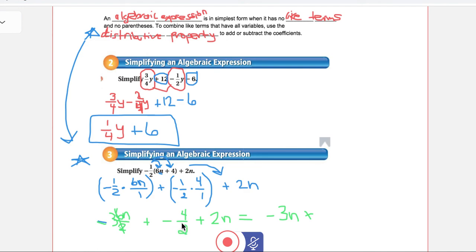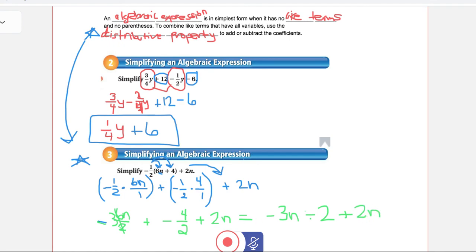So this is a negative 2. Now, instead of saying plus a negative 2, a plus negative 2 is the same thing, remember, as just a minus 2. So this is now minus 2. And then I have plus my 2n.